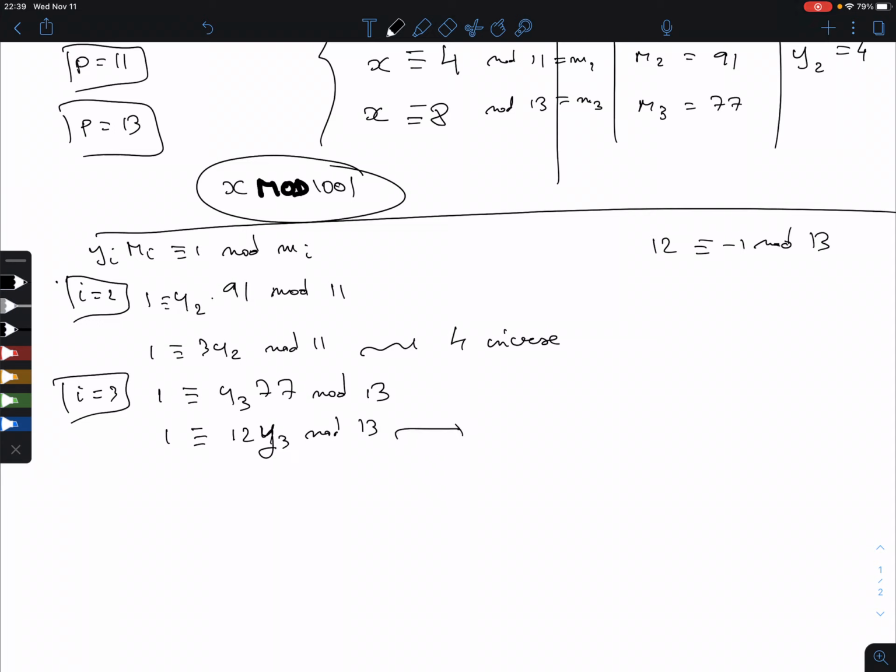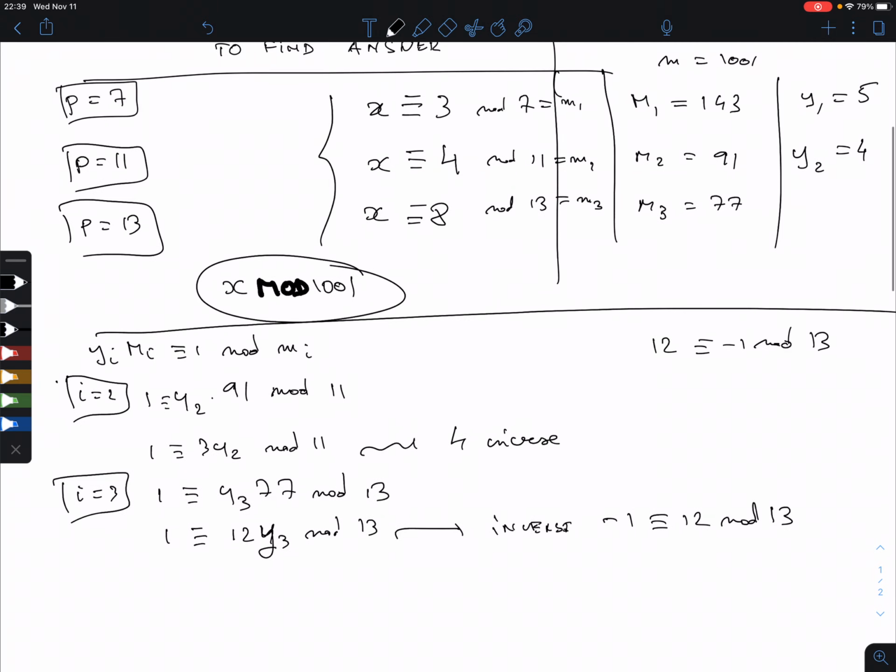So I see that the inverse is going to be minus 1, but this is of course equivalent again to 12 mod 13. So 12 is its own inverse. Strange, right? That we have a number that is its own inverse, but these things do happen in this modular arithmetic. Okay, so y3 is 12.